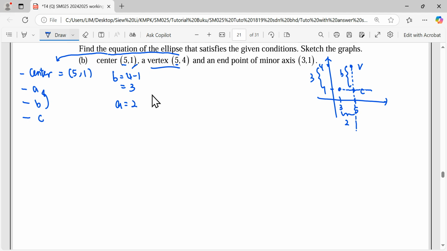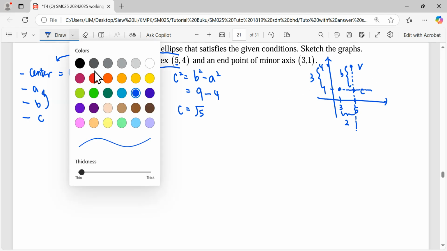Then how about c? For c squared, we always take the longer minus the shorter. So when you have a vertical ellipse, you use b squared minus a squared, longer axis minus shorter axis. So b squared is 9, a squared is 4, c is square root of 5.